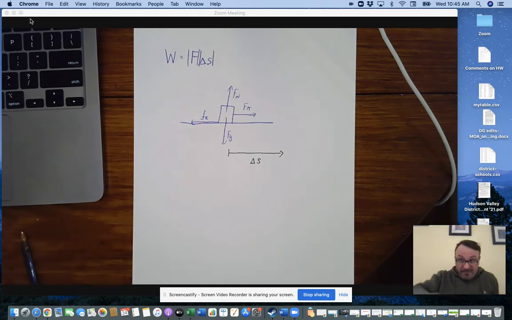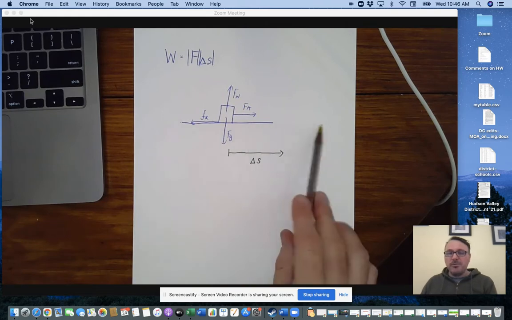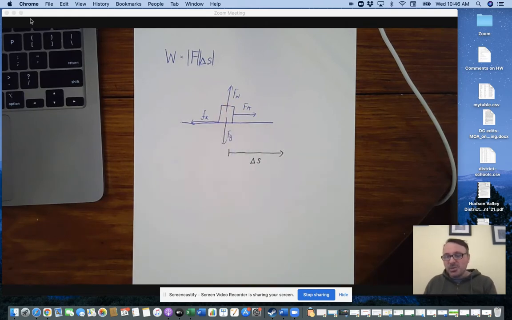Now, if I'm moving vertically, the force of gravity has a major impact, right? Boom, gravity is what's speeding it up. So sometimes gravity causes change, but sometimes it doesn't. Here it doesn't. Same thing with the normal force. The normal force, as this object is moving to the right, is not causing any sort of change in the state of the energy of the system.